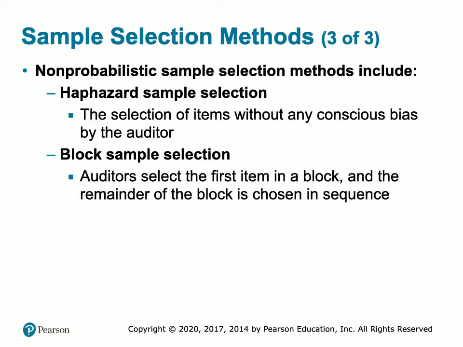For non-probabilistic, again, things that you can't do for statistical, haphazard, you just choose, right? Or you select a block of items, all the invoices on March 30th, for example. Those are non-probabilistic, so you're not giving everything equal weight, and therefore they're not appropriate for statistical sampling.